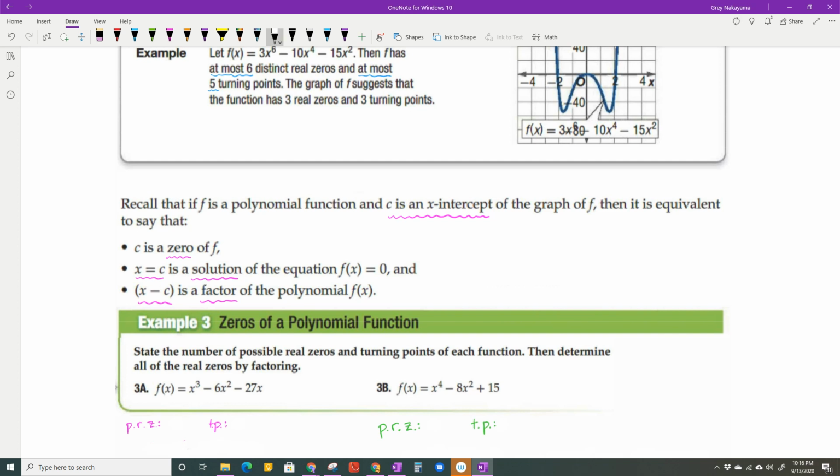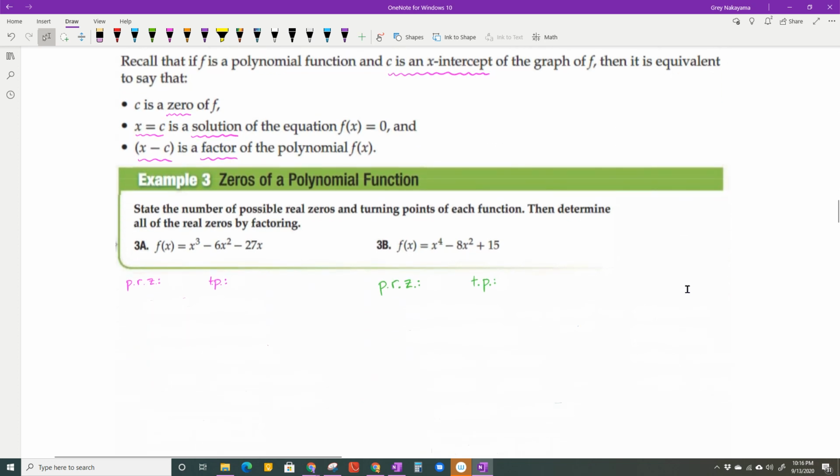The whole point of that, y'all, is that depending on the context, that's what they're using. But this is the really important one: if you are told something is a zero, then you know that x equals that number is a solution, and this is the related factor.